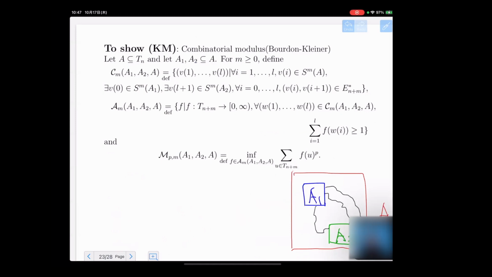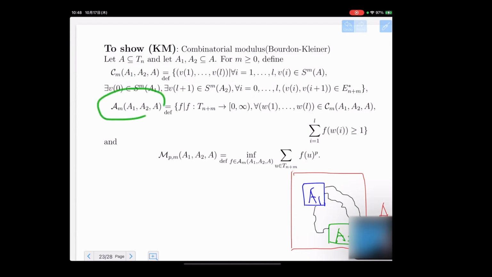To show the conductive homogeneity, the knight move condition, we use the combinatorial modulus of paths. I only have two minutes, I think, so I should move quickly. This is a graph, taking A1 and A2 here, and these are all the paths on the graph between A1 and A2.